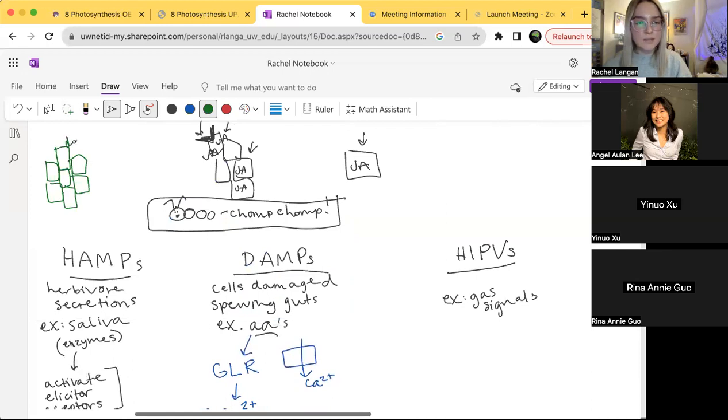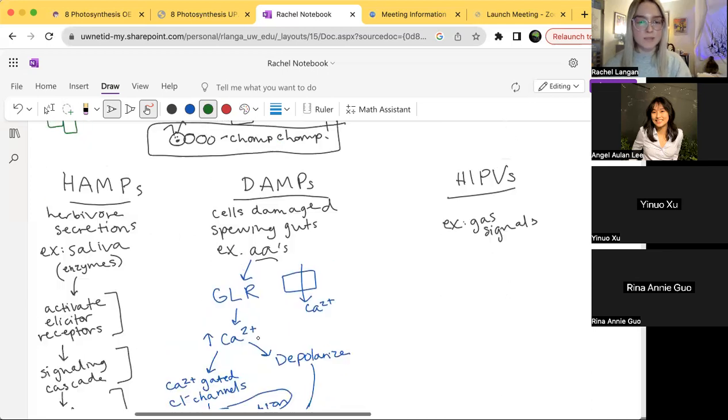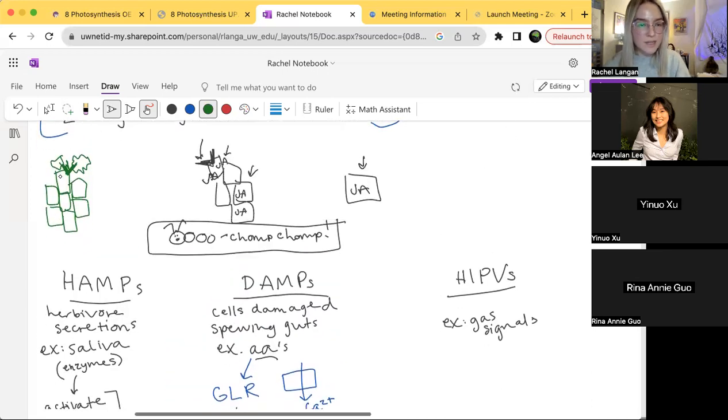So if the damage happens right here, that's where the saliva is. That's where there are broken cells. So right there, we're getting these responses, these increases in JA right nearby. But we can also get a spread of the signal to cells nearby and cells even further away. So how is that accomplished?